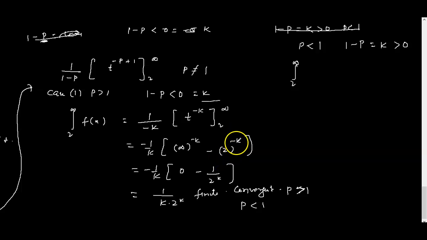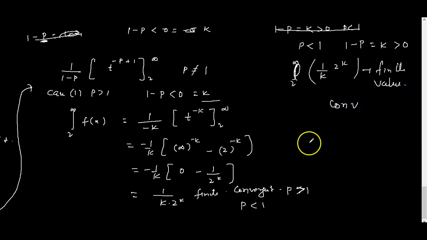Here it will come 2 to the power k, and it will come 1 by k times 2 to the power of k overall. So this is also giving the finite value only, right? So we can write this is convergent only. So the question which was given, a of n is convergent by integral test.